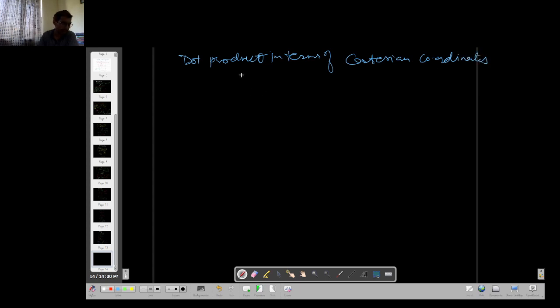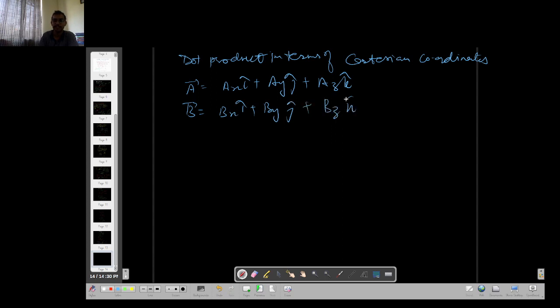So if we talk about it, then the vector A can be written as AX i cap, AY j cap, AZ k cap, and similarly the vector B is equal to BX i cap, BY j cap, and BZ k cap.